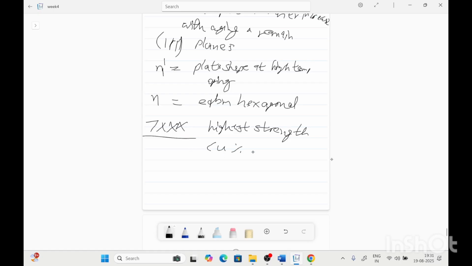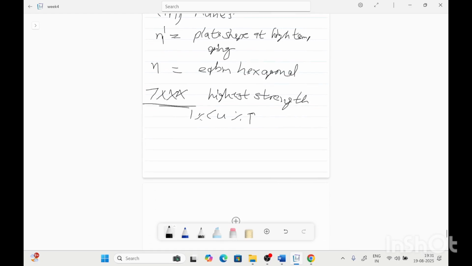Means if we increase the copper percent in the 7X series alloy, that will also improve the strength of these alloys. Generally 1% copper is preferred. So up to 1% copper, it will go into the GP zone formation.